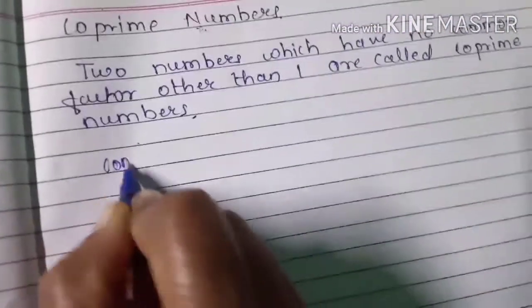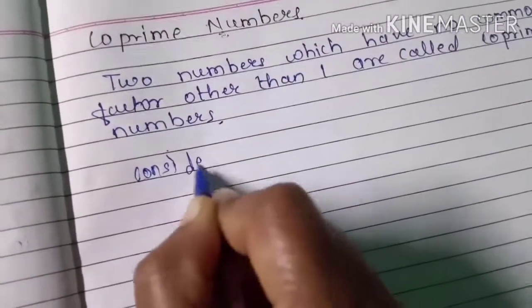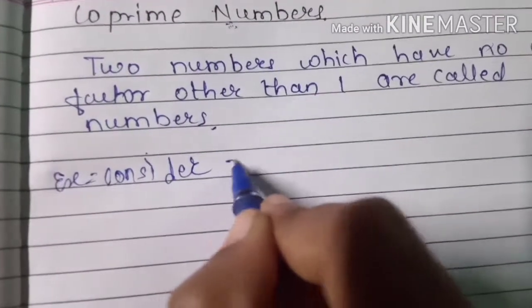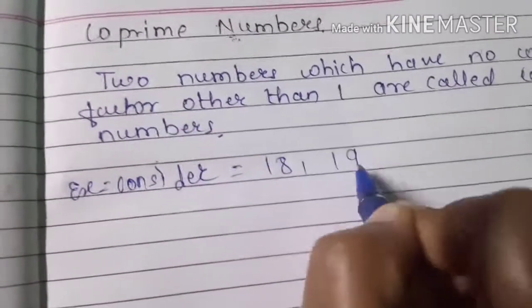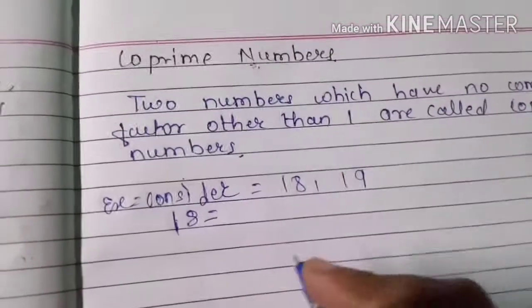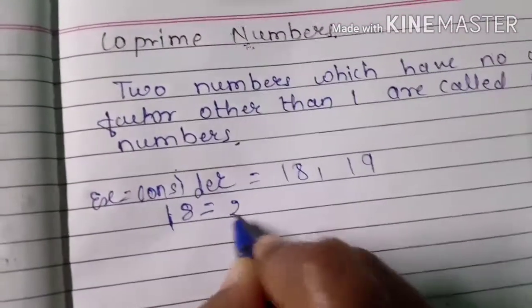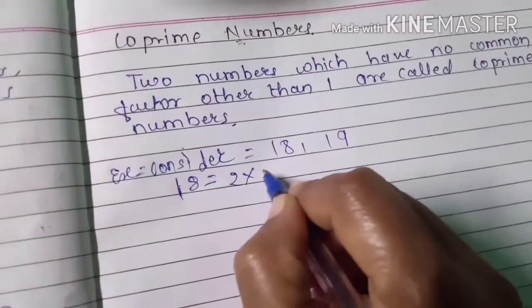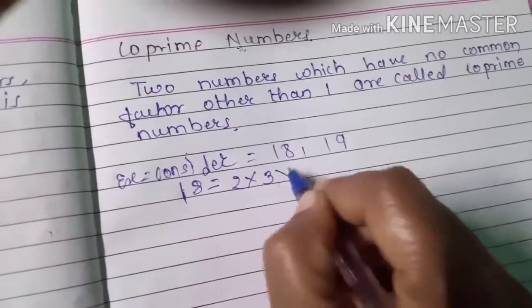Consider the numbers 18 and 19. So first take down the factors of 18, that is 2 into 3 into 3.